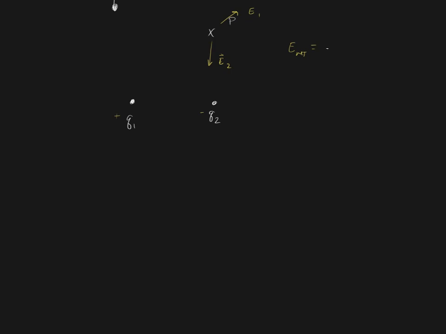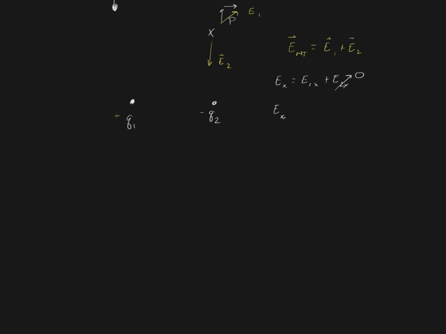So all we have to do is, again, we're going to do this in X and Y components, but E net is equal to E1 plus E2. But what we're going to do is break it up into X and Y components, because you should be able to see that E1 has a vertical component which is going to partially cancel E2, and then it has a horizontal component. So EX is going to be equal to E1x plus E2x, but E2 is perfectly vertical, so that's going to go to 0.